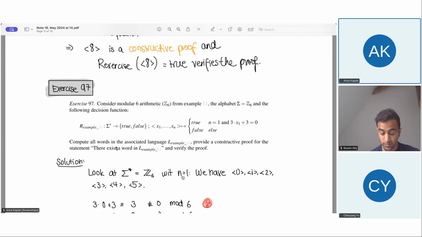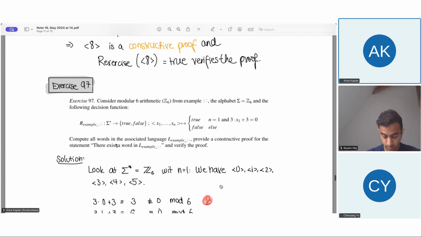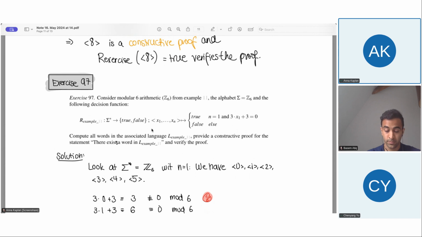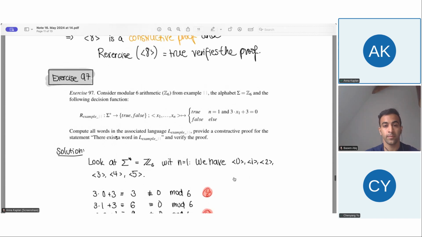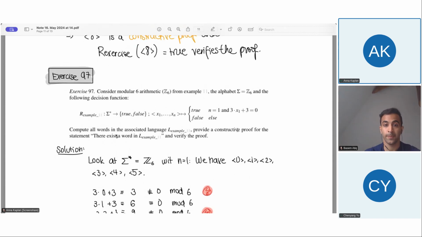So let's first look at what words exist in this language. We're in the set Z6 with n equals 1, so we only have 0, 1, 2, 3, 4, 5. Sorry, there's also the empty string in the language. To provide a constructive proof, we have to find some x which satisfies this equation in modulo 6 arithmetic.